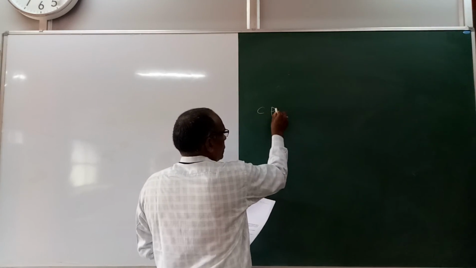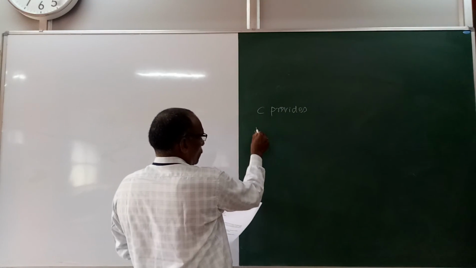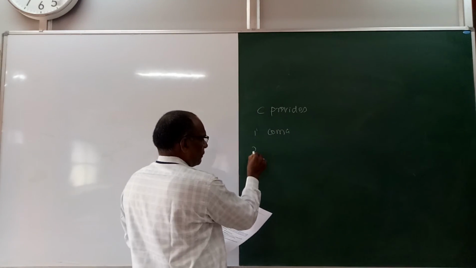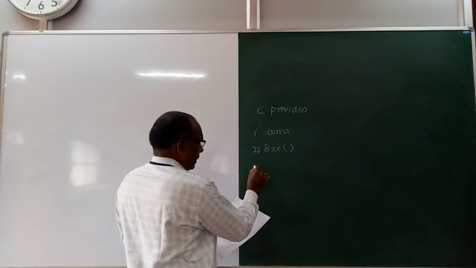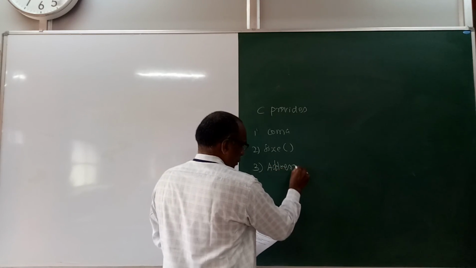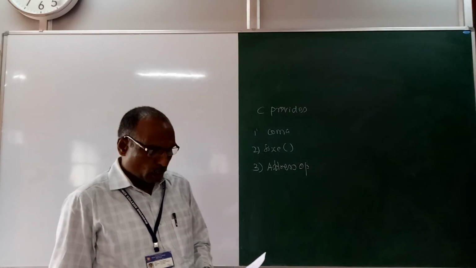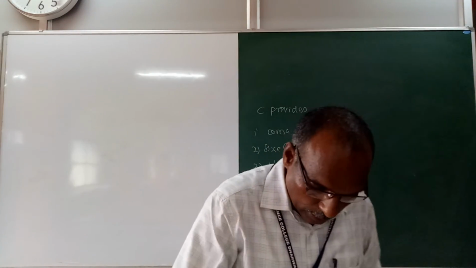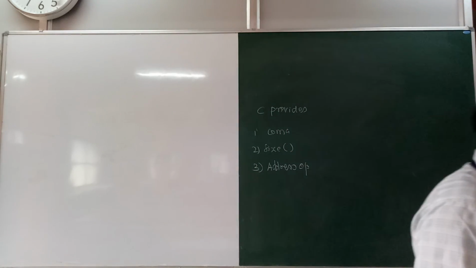C language provides some special operators: comma is a special operator, sizeof is a special operator, the address operator, and the dot operator and arrow operator for member access. These are some special operators we have in C language.